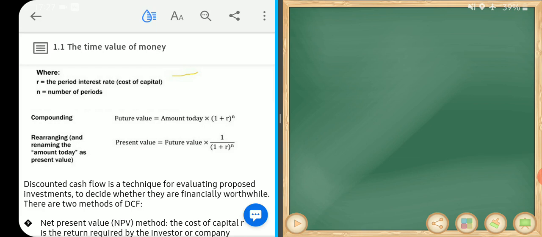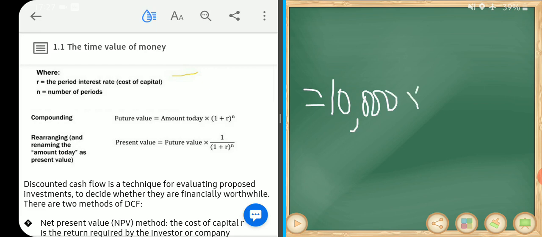Now, let's say for example, we want to get the future value of investing 10,000 naira today. It will be equal to 10,000 times (1 plus, let's take our interest rate to be 12%, so that will be 0.12), then raised to power n.